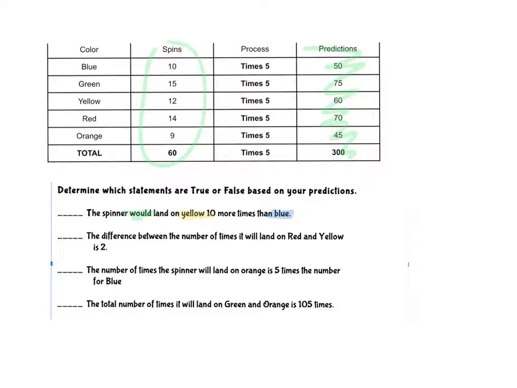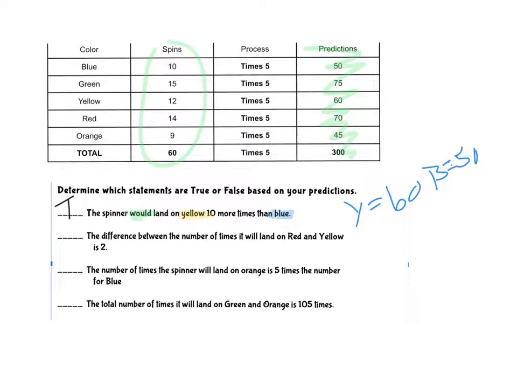If we look at the number of yellow spins, we're predicting that we would spin it 60. Blue, we predict it would be 50. So what it is asking is, is our prediction for yellow 10 more than blue? And we can see that this statement is actually true, because yes, yellow 60 is 10 more than 50.